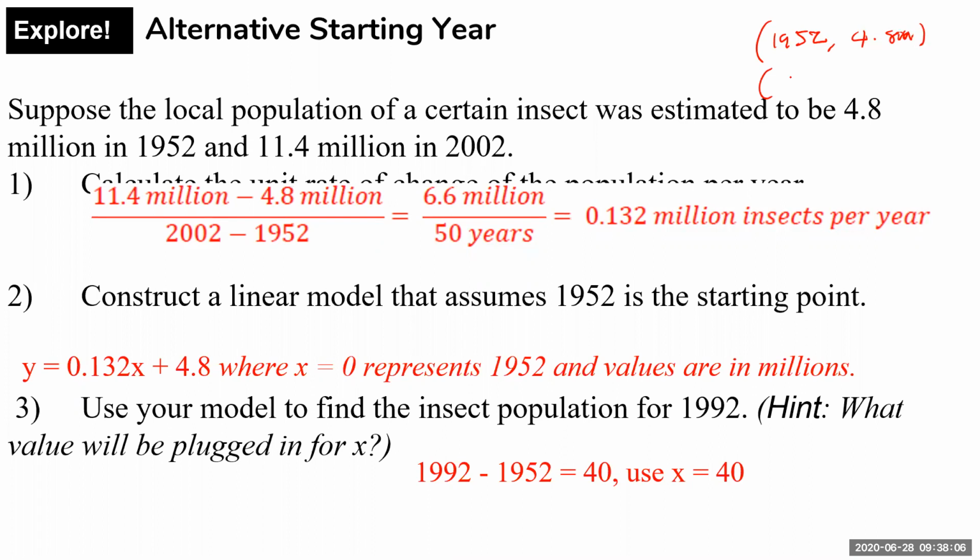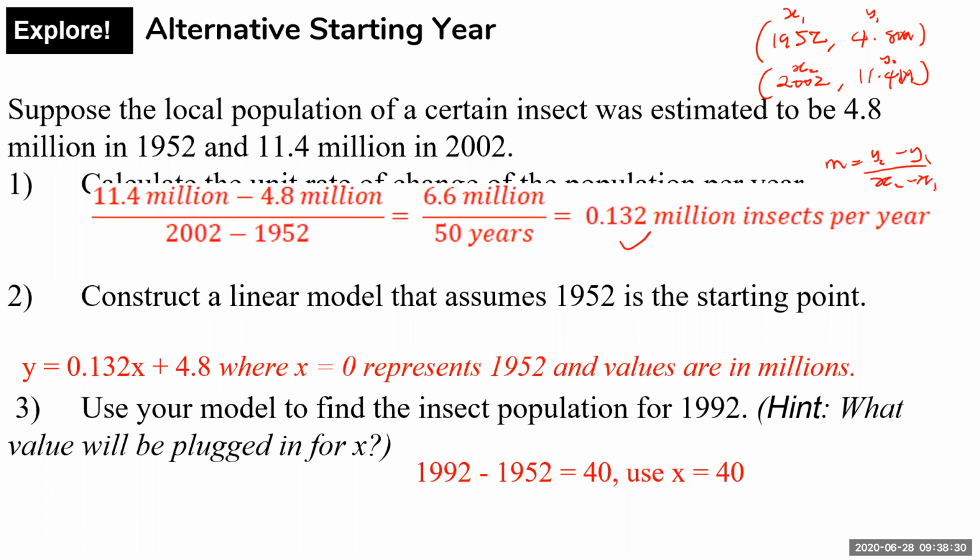And then in 2002, 11.4 million. So this is my x1, that is my y1, this is my x2, that is my y2. Now that is how they used to find that, using the equation m is equal to y2 minus y1 over x2 minus x1.